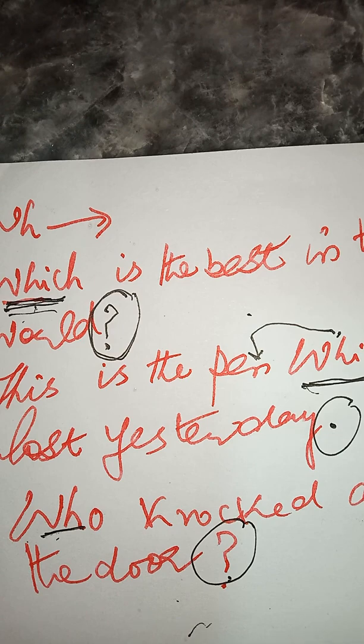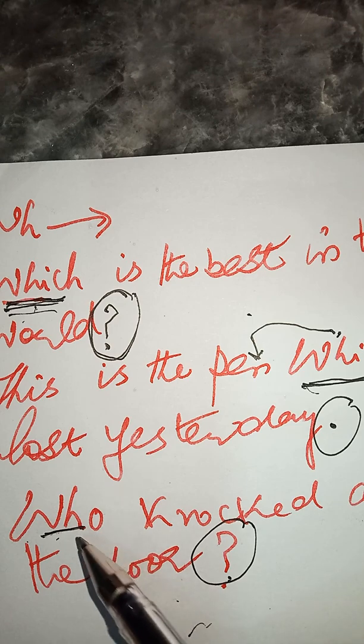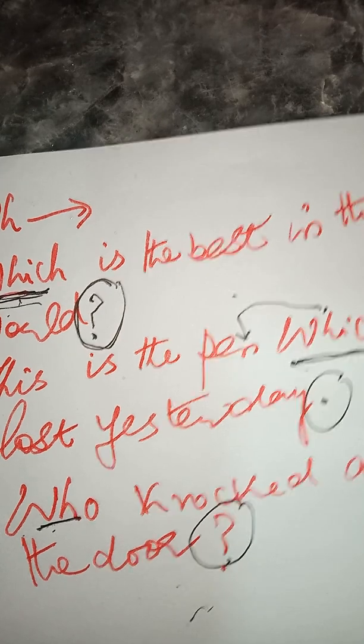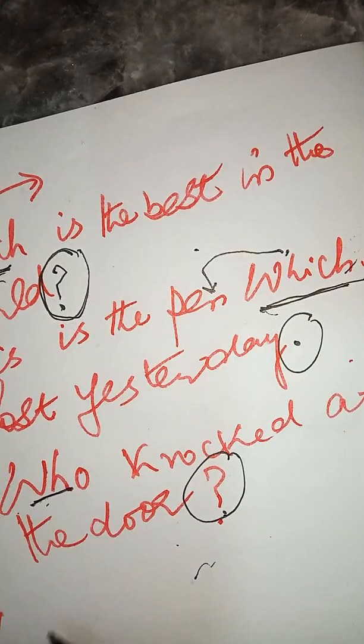So it must be very clear to all of you what an interrogative pronoun is. An interrogative pronoun is a word that begins with the WH family and asks a question, and at the end there is a question mark. Clear?